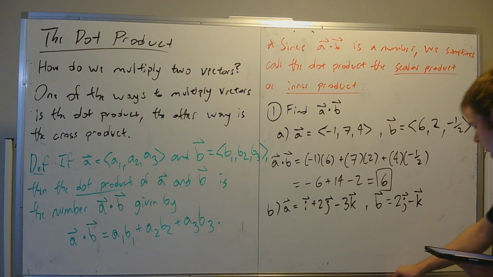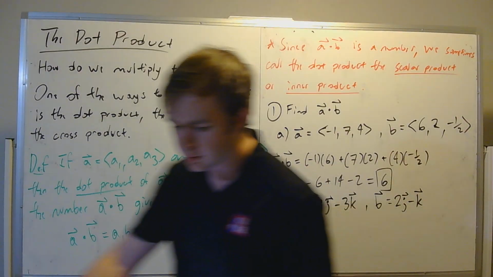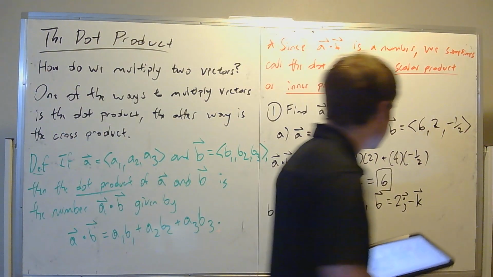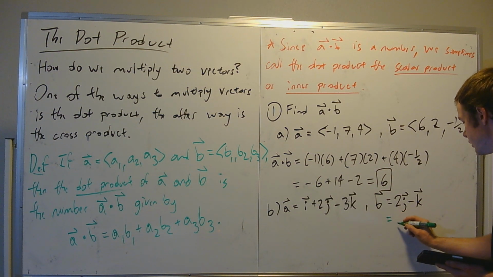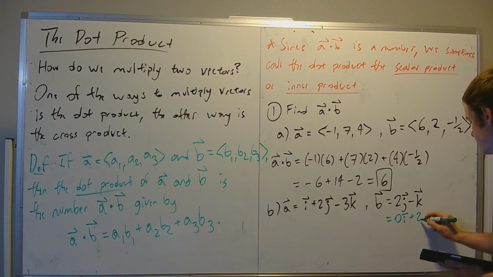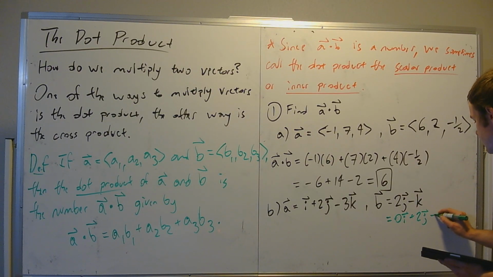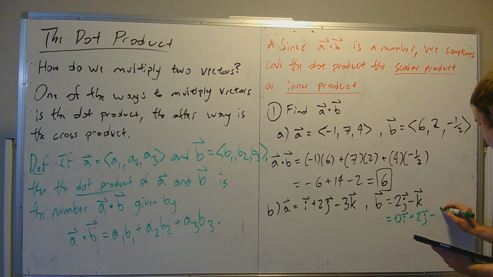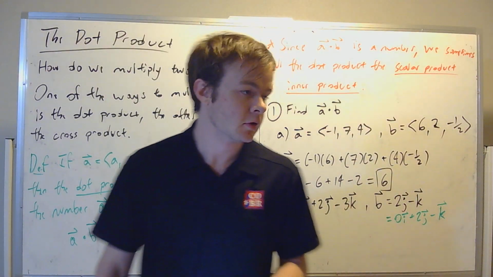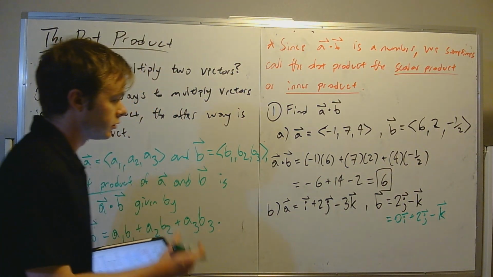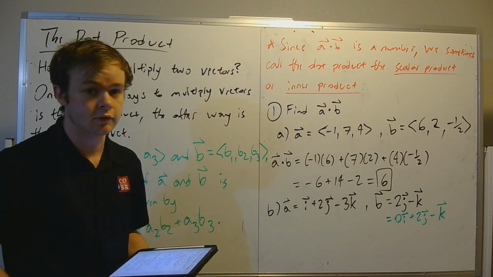The thing to notice here is that when I wrote down B, we don't have an i component, so this is the same thing as saying 0 times i plus 2 times j minus 1 times k. So these are the same things. Here it just doesn't have an i component, so the coefficient for i is 0.